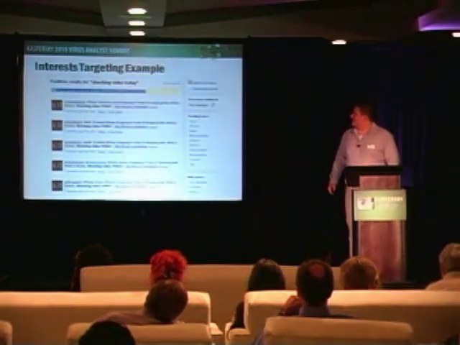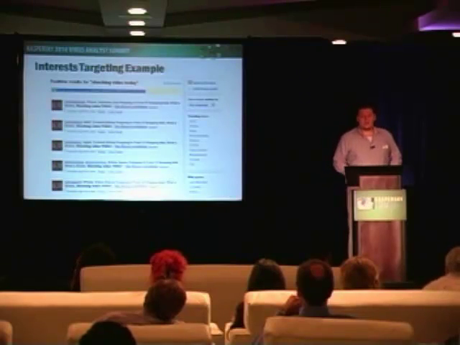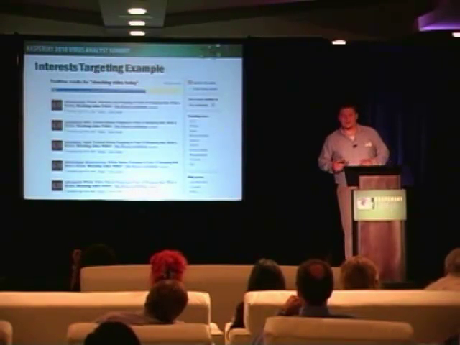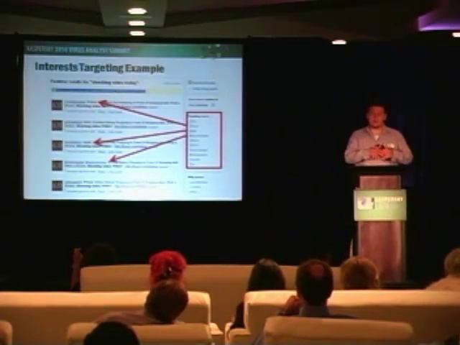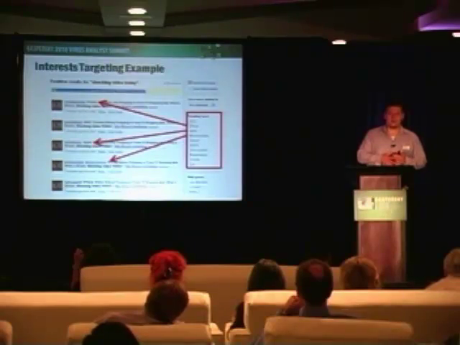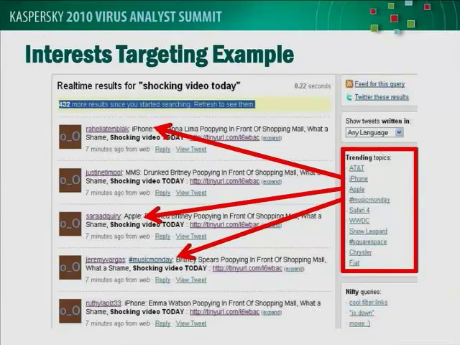That's an interesting thing. And the last example, and I think the most important one, because it's the most connected to the social networking area, is the fact that cyber criminals are using the things that we talk about, which usually are the things that we're interested in, to spread their malicious links. So this is a screenshot from the Twitter search page, which is showing here on the right the trending topics on Twitter at the moment.